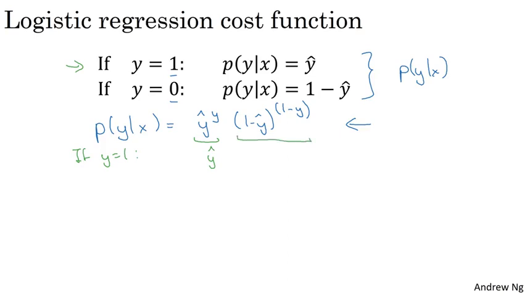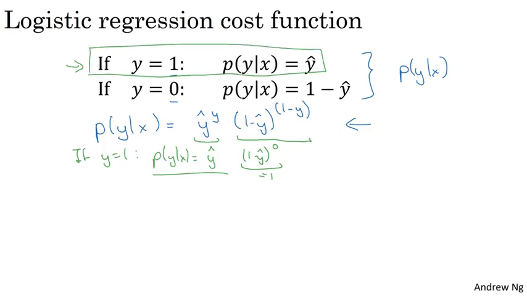This term ends up being 1 minus y hat to the power of 1 minus 1, so that's the power of 0. But anything to the power of 0 is equal to 1, so that goes away. And so this equation just says p of y given x equals y hat when y is equal to 1. So, that's exactly what we wanted.